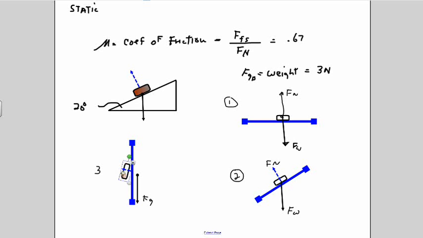Okay, we've got to tilt them around a little bit more. Now, what do you think is going to happen to the force normal now? The weight is still here. The weight is still the same thing as it was. But now the force normal is no longer there, and this thing is going to free fall. There is no force normal.